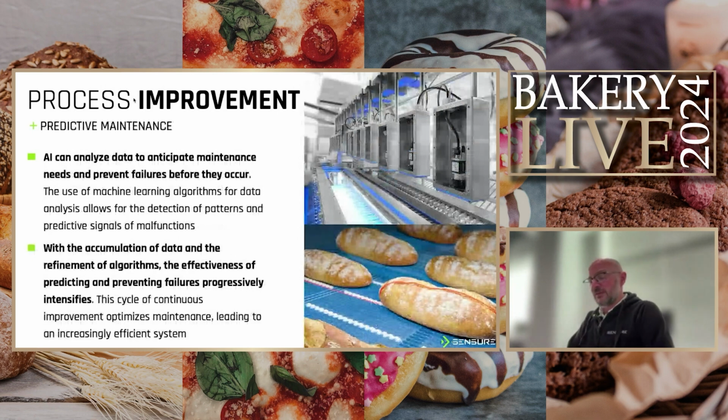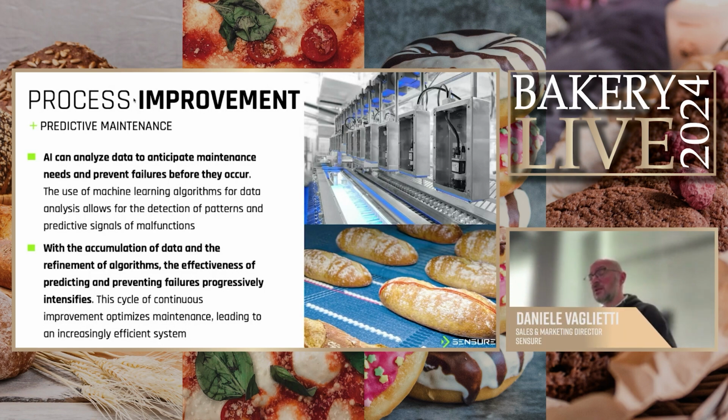Then another topic that can be done is predictive maintenance. You have tons of data. You know what happened to the product, changing this data, because if you see that, for example, you have a darker color, then you adapt manually the temperature of the oven and the color decreases, you have a very important feedback in your data.